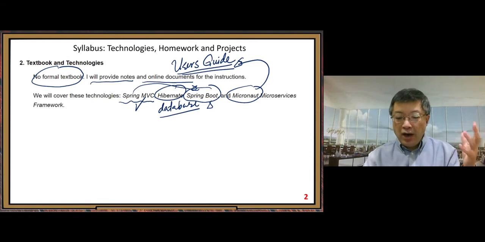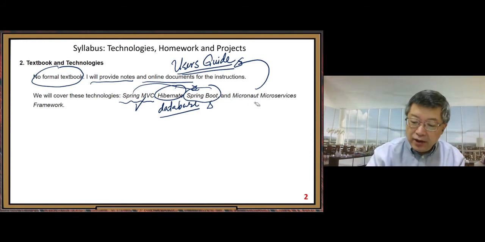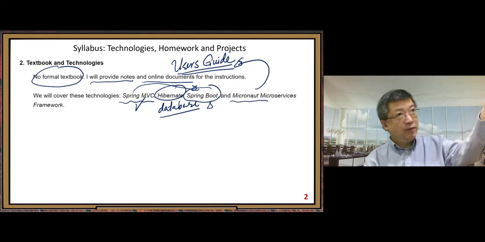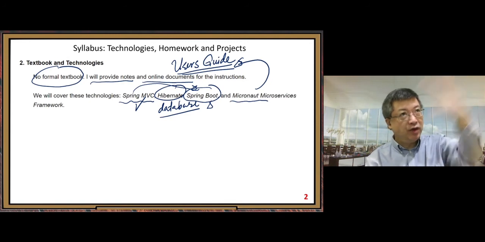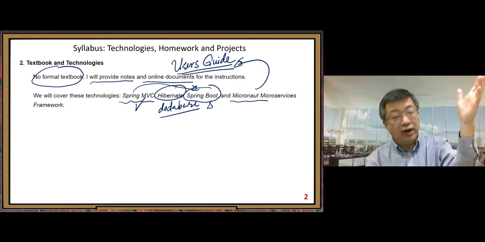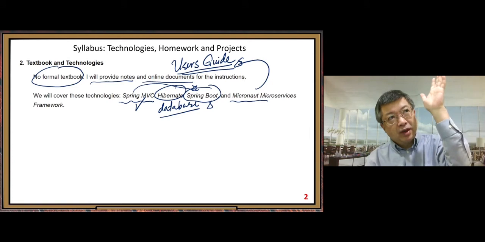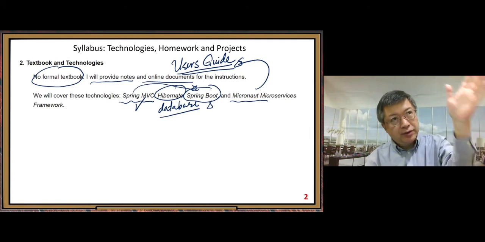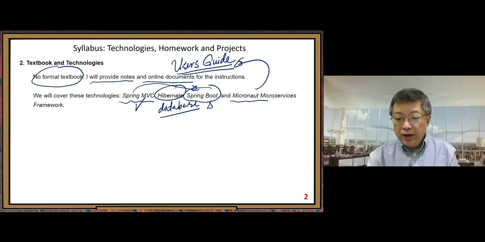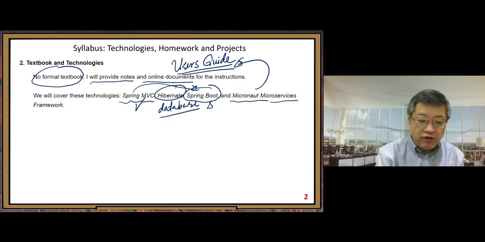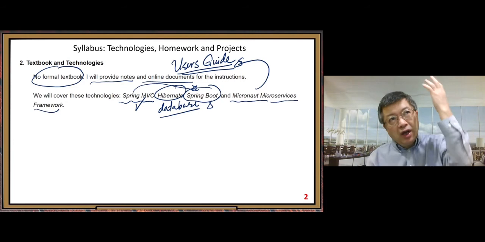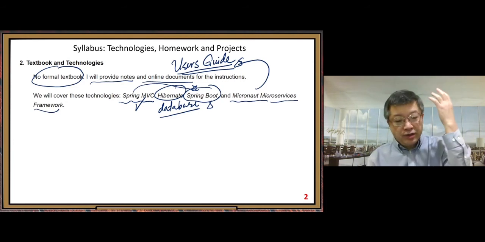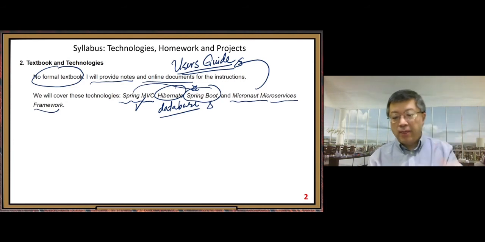All right. So at the end, Micronaut. What's Micronaut? Some company developed this new technology for the whole industry, called Micronaut. Its purpose is a microservices framework, currently used in industry.